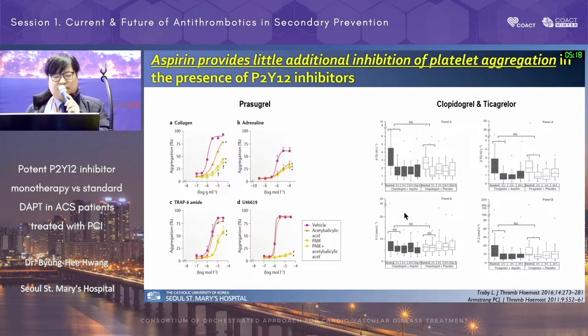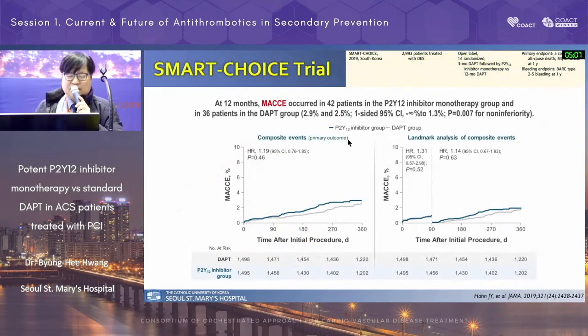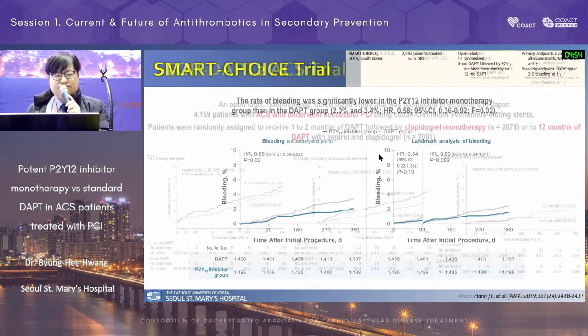Aspirin, actually, in both groups, you can see there is little additional inhibition of platelet aggregation in the presence of P2Y12 inhibitors. And as Dr. Chan-Jung Kim reviewed before, the Smart Choice trial showed a non-inferior composite endpoint with 3 months of DAPT, and bleeding was lower.